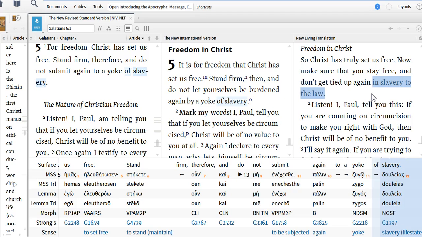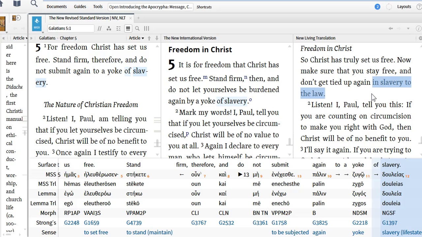So the NLT translators dispensed with the metaphor of the yoke and simply represented the thing that the metaphor was pointing to, namely slavery to the law.